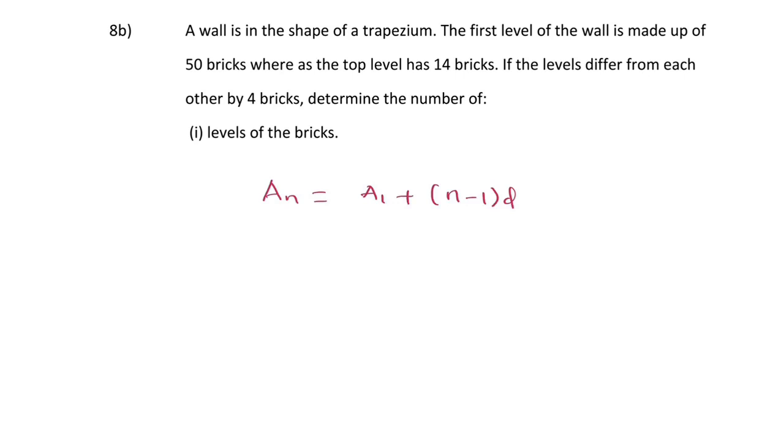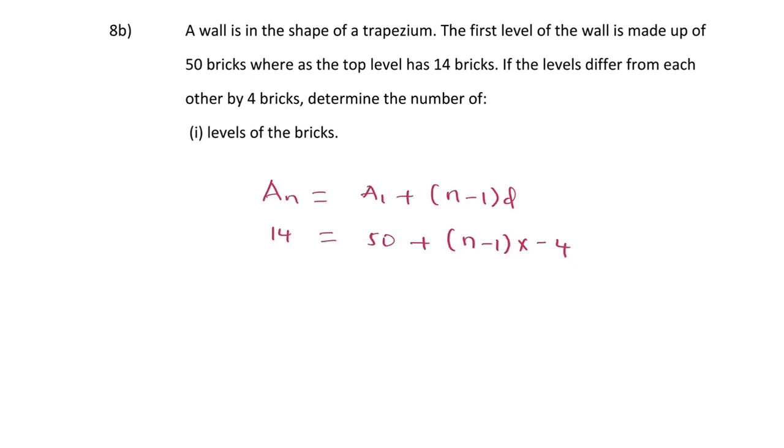Something to note is, since the number of bricks decrease as the level increases, then the value of d is going to be negative. Then let us substitute these values into our formula. Then our equation is going to be 14 equals 50 plus, in brackets, n minus 1 times negative 4.